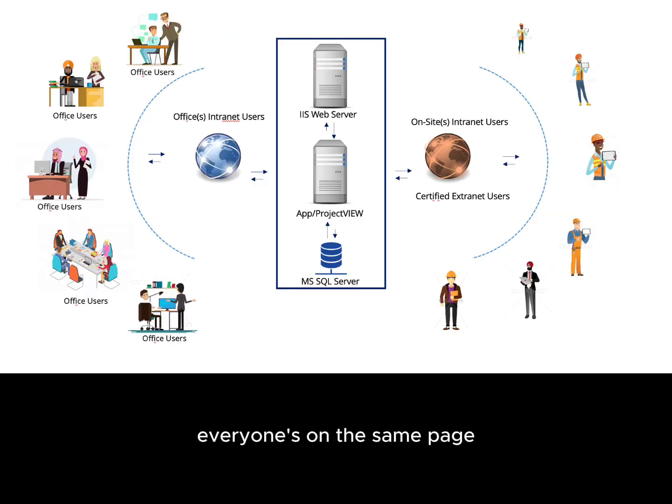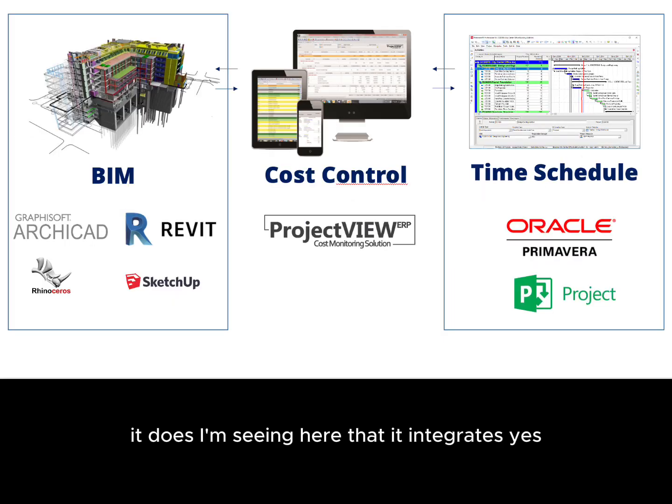Everyone's on the same page. And it goes even further. It integrates with other project management tools like Oracle Primavera P6 and Microsoft Project. So you're not replacing those tools, you're enhancing them with ProjectVIEW's cost control capabilities. That's really smart.